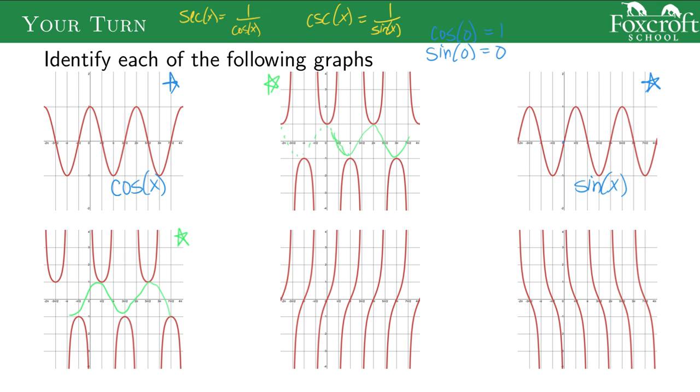And the green line that I drew in this top middle one looks just like that top left graph. It starts at 1. So this one is related to cosine, which tells me this one is secant. This one in the bottom left, the wave I drew that's connecting the parabolas, looks like sine, so that tells me this one is cosecant.